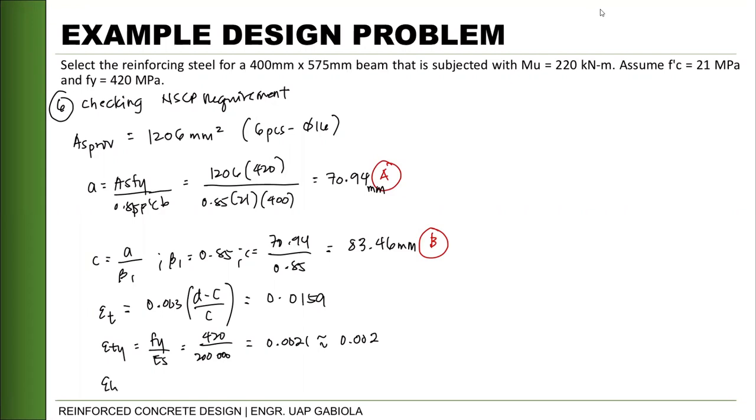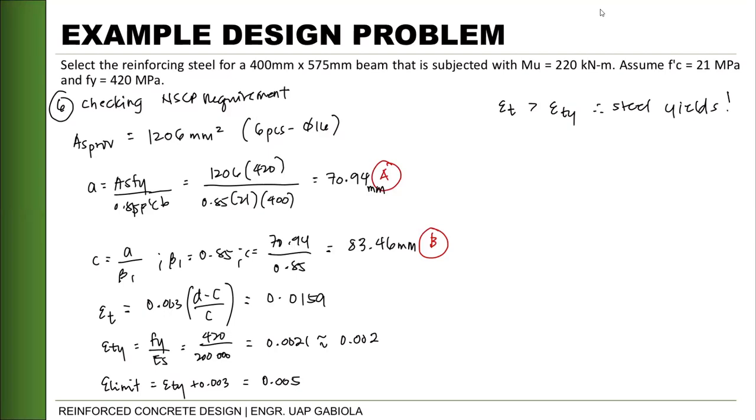And for our limit strain, we have our yield strain plus 0.003. So we have 0.005. Okay? Since our strain sa steel is greater than dun sa yield strain natin, therefore, yung steel natin ay nag-yield.